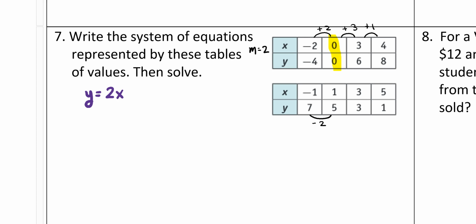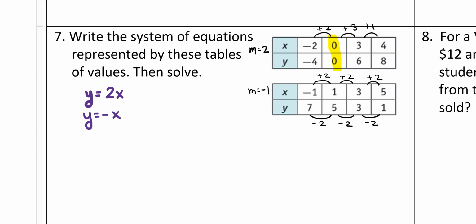So we're subtracting 2 on the change in y's, and our x's are adding 2. So that means our slope for this second table is going to be negative 2 over 2, which is negative 1. So y is going to equal negative 1x, but you have to find the y-intercept.